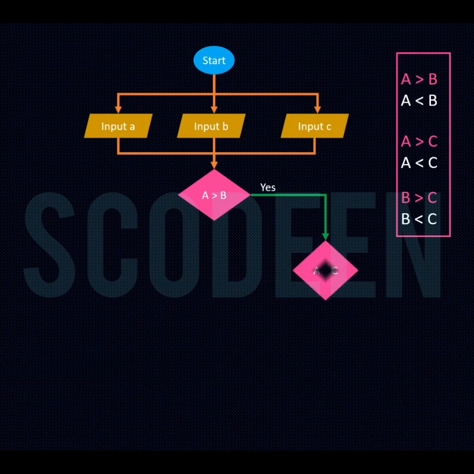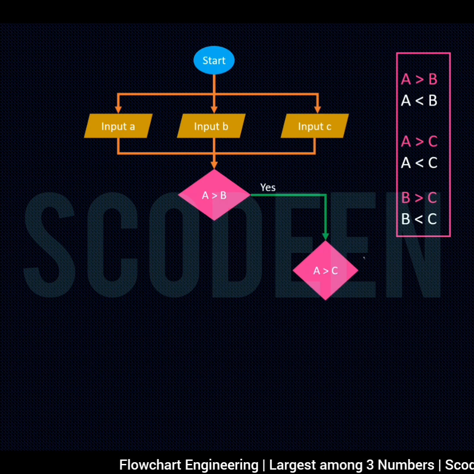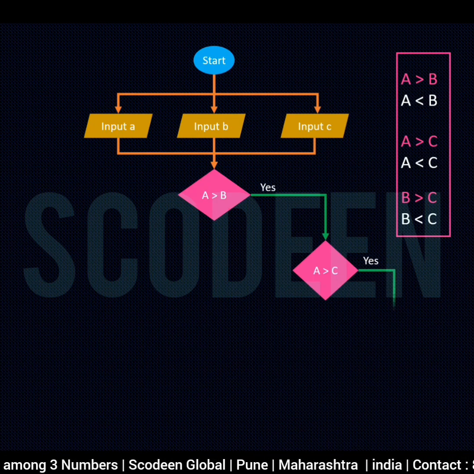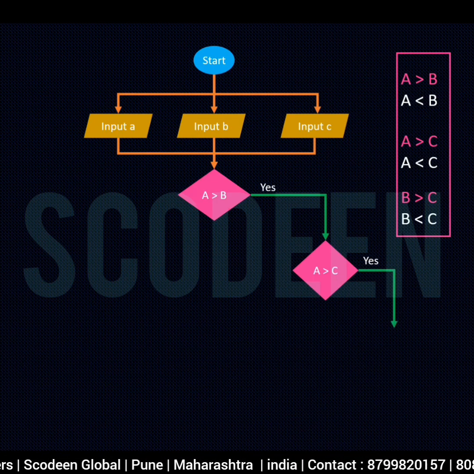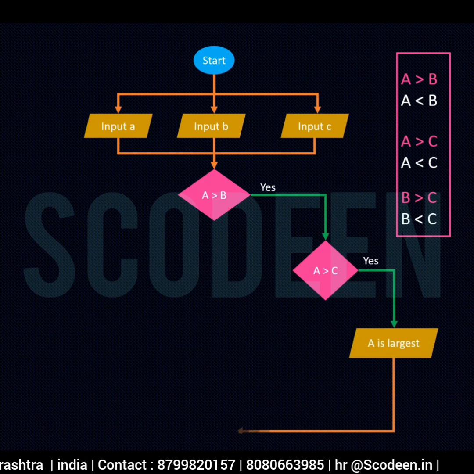If A is greater than B, the second condition is A is greater than C. So it will also have two options, yes and no. If it is yes, then obviously A will be largest, and we can close the flowchart.